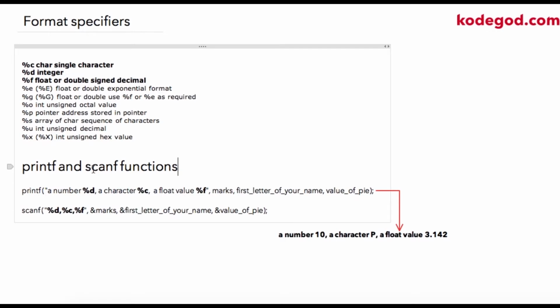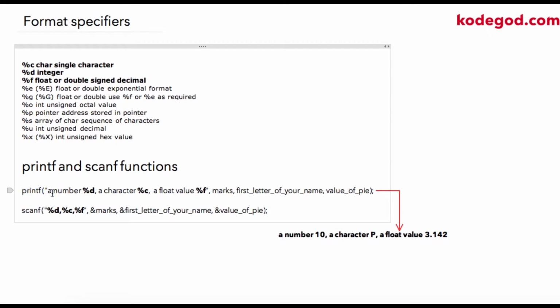The format for printf and scanf statements is like this. The name of my function is printf. Inside the parenthesis, this double quote indicates the starting of my first parameter of the printf statement. Let me explain how the printf statement will be utilized.